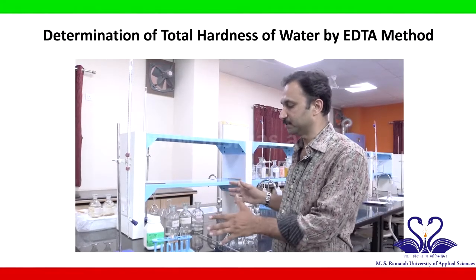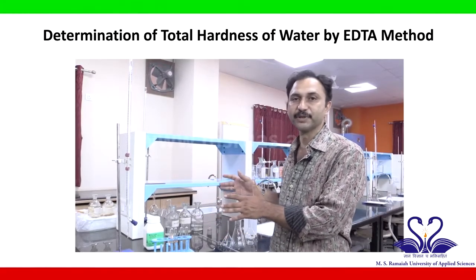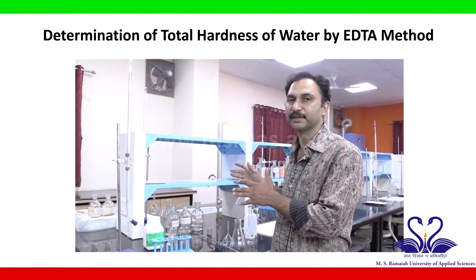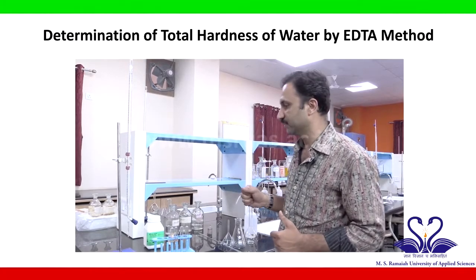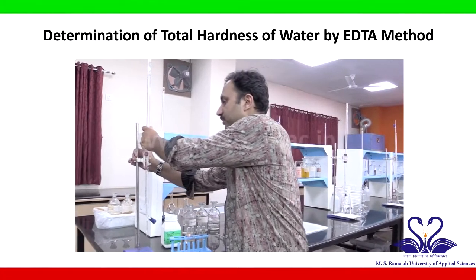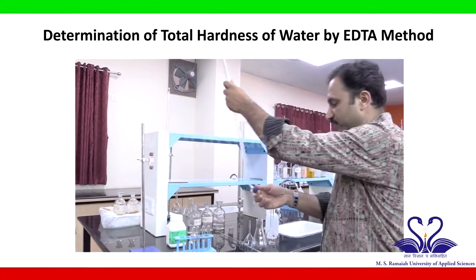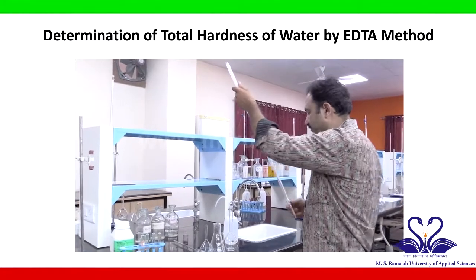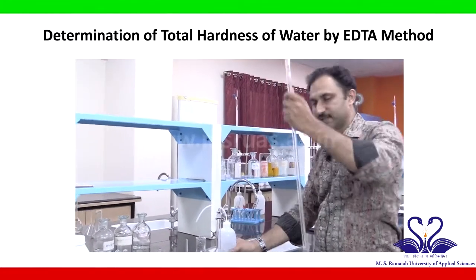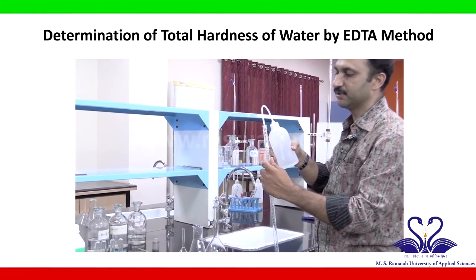Before starting the experiment, you have to see that all your glass apparatus is washed with tap water and then rinsed with distilled water. First I will show you how to wash the burette. You have to wash with tap water and then rinse with distilled water.